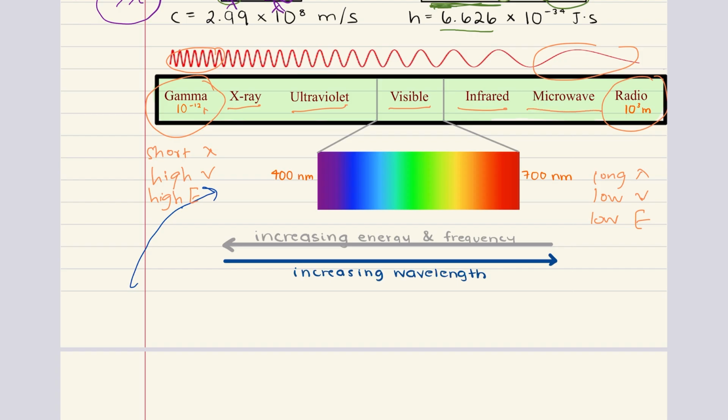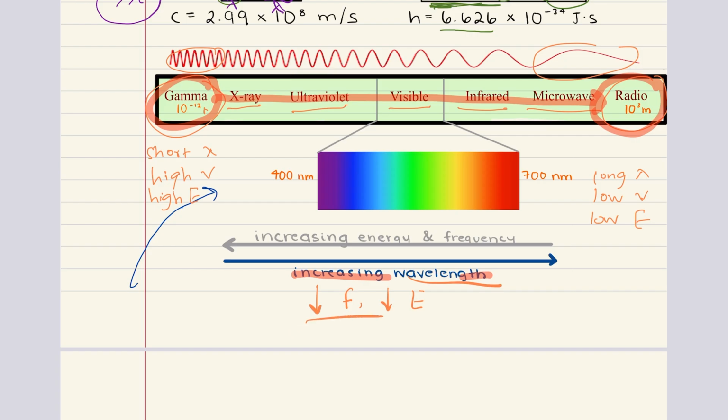Notice that as you move across the spectrum, going from gamma rays to radio waves, there is an increase in wavelength. Similarly, you'll notice that there is a decrease in frequency and a decrease in energy. We know that this is true because, first and foremost, there is an inverse relationship between wavelength and frequency.